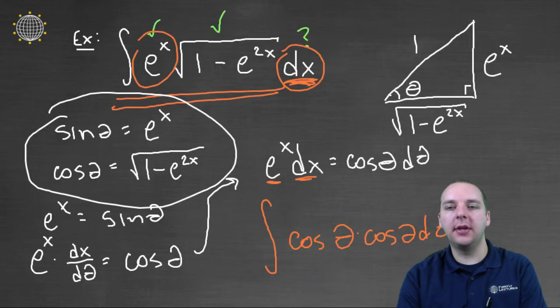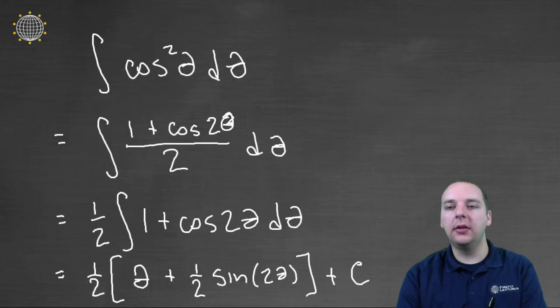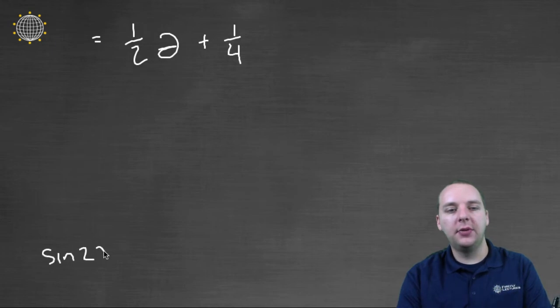Now notice, let me stop for a moment. I don't have any equalities that have sine 2 theta. All I have is sine theta and cosine theta. But luckily for us, we know a trig identity. I'll jot it down here: sine of 2 theta is equal to 2 sine theta cosine theta. So that'll be helpful right here.